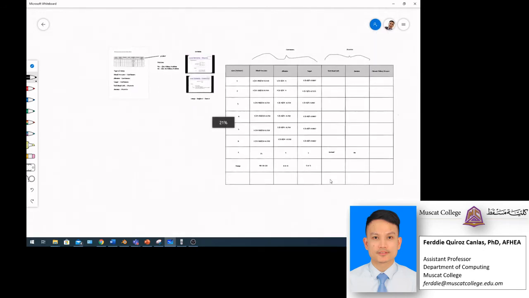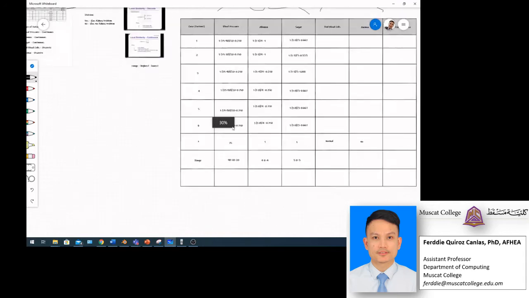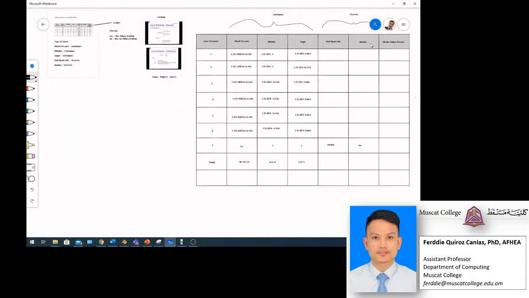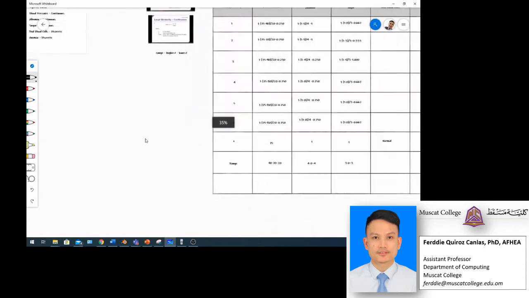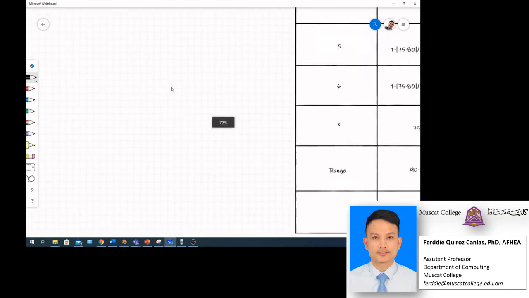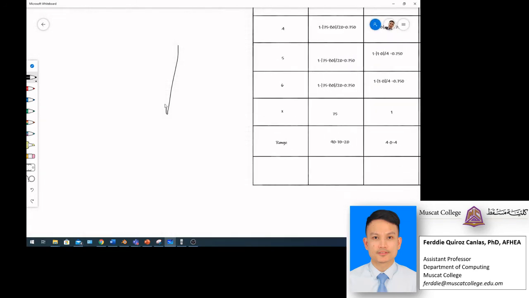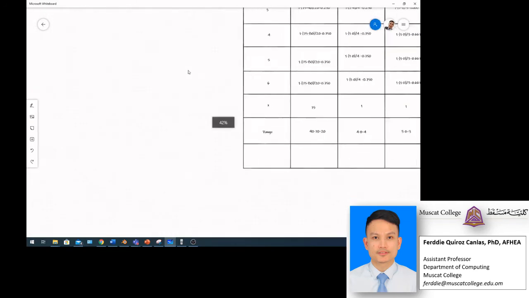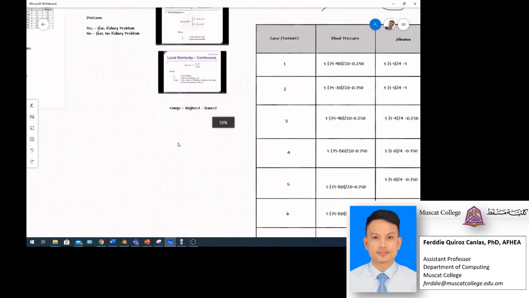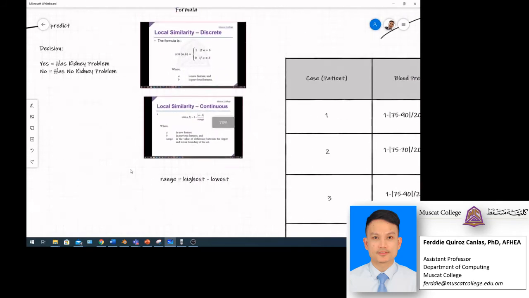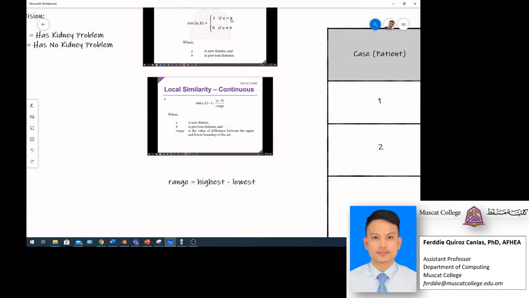Let us now proceed with the discrete values, which are blood cells, red blood cells and anemia. The discrete calculation is very simple. If they are the same, we put 1.